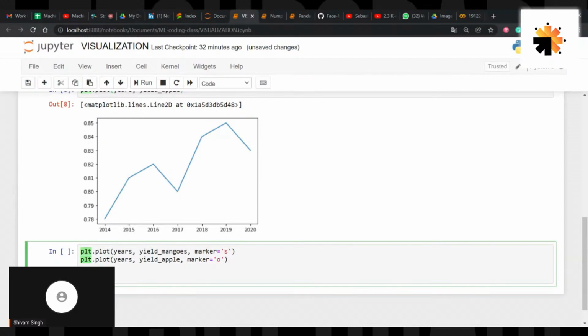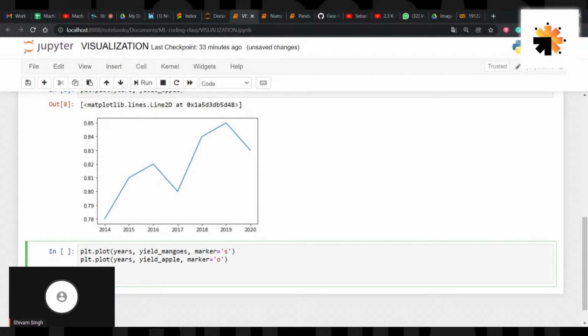If you are able to see, we don't have anything on the x-axis because I didn't write anything. Although it is understandable that on the x-axis I am having year, on the y-axis I am having yield per hectare, I didn't mention it. If you mention it, it will be a very good thing.